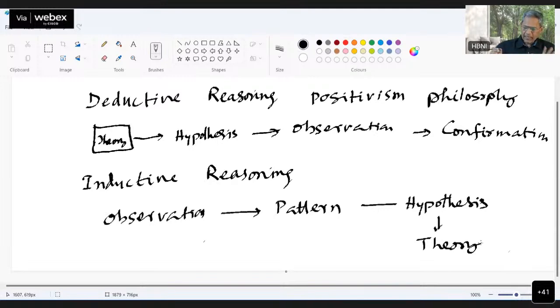These are the two scientific reasonings that are usually applied. This is also known as interpretivism philosophy.